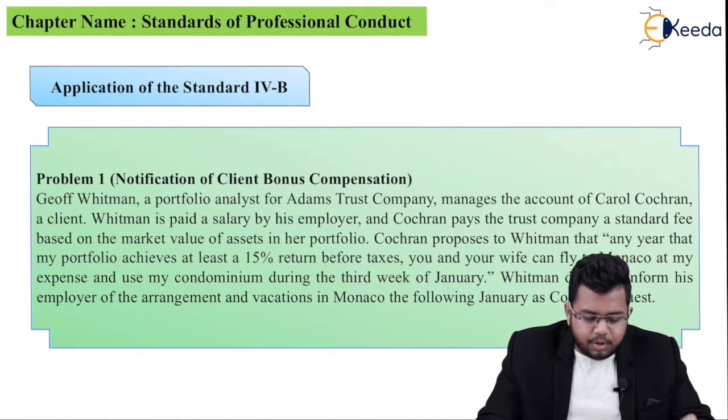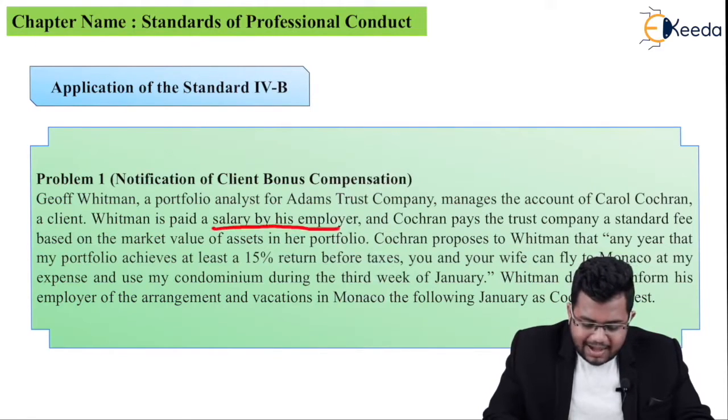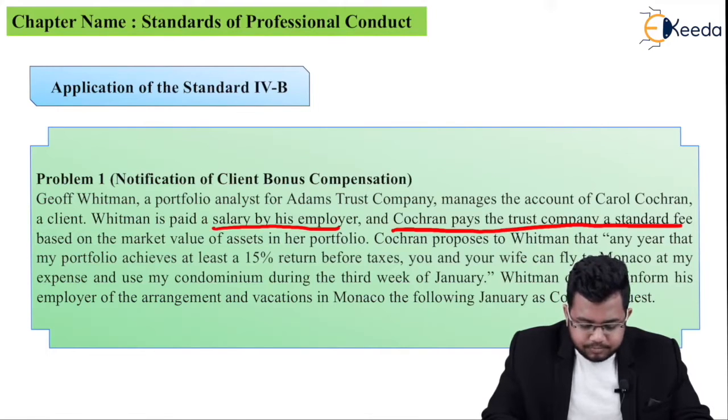Application. Problem 1. Geoff Whitman, a portfolio analyst for Adams Trust Company, manages the account of Carol Cochran, a client. Whitman is paid a salary by his employer and Cochran pays the trust company a standard fee based on the market value of assets in her portfolio.